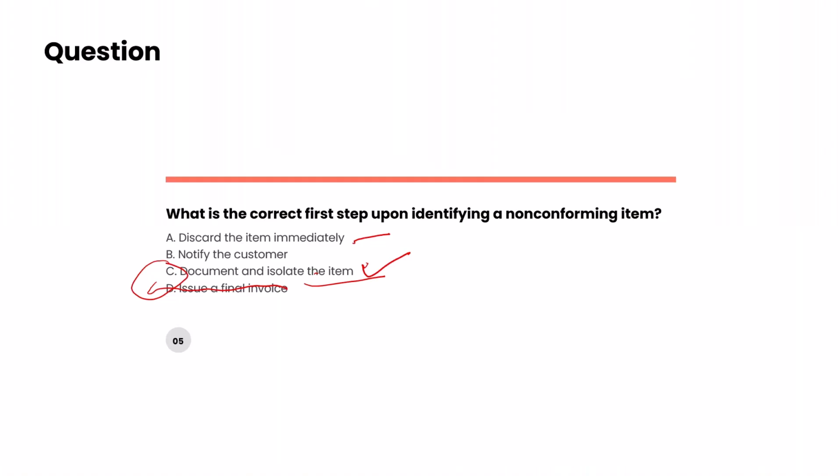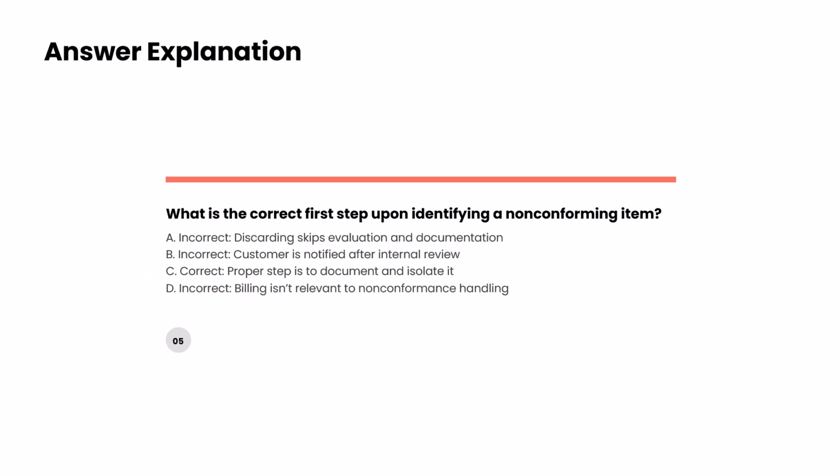I will strike out all the choices which are not applicable, and only then I will choose the correct answer. So even though C was a good choice, I still went through choice number D without quickly jumping and declaring that C is the right answer. So look at all the four choices, and based on that, choice number C is the correct answer, and that's what you see here.